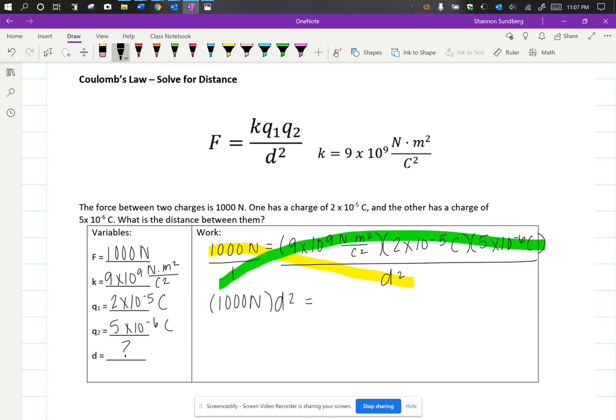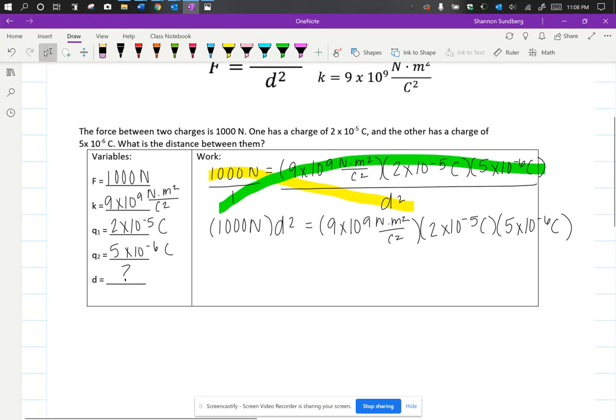Don't worry about plugging in your calculator just yet. So 9 times 10 to the 9th, 2 times 10 to the negative 5th, and then 5 times 10 to the negative 6th. Okay. Don't forget, use parentheses, keep yourselves organized.